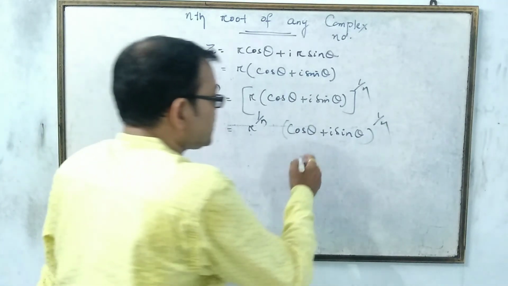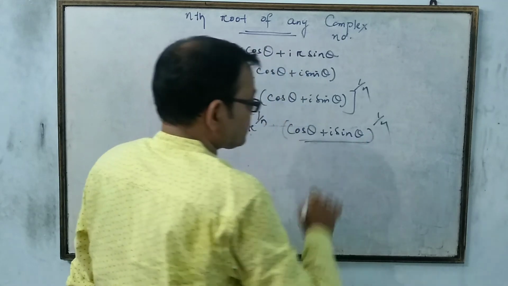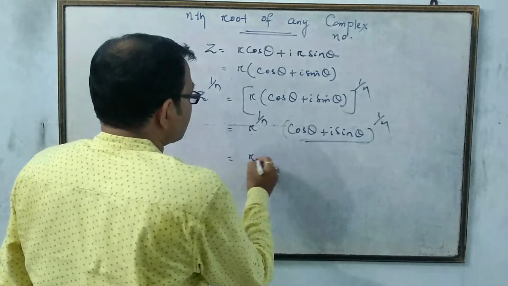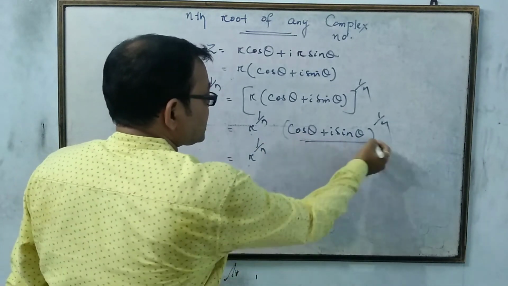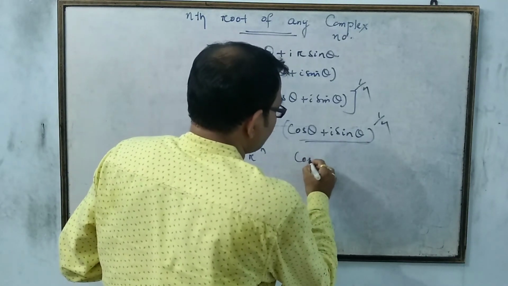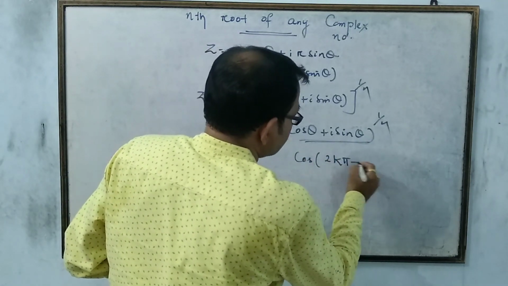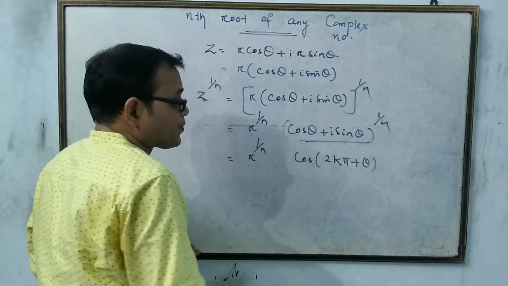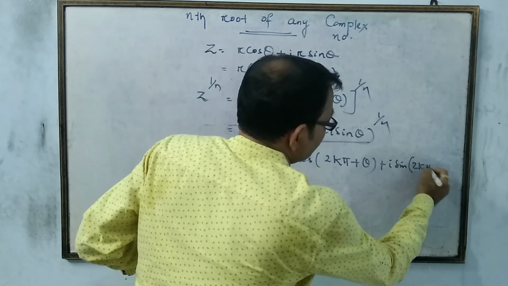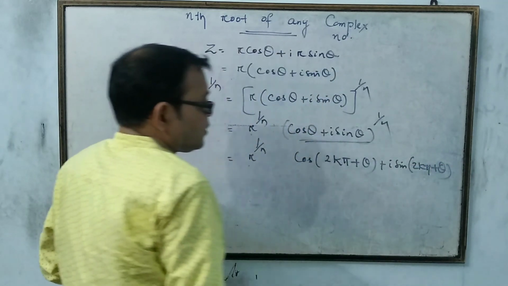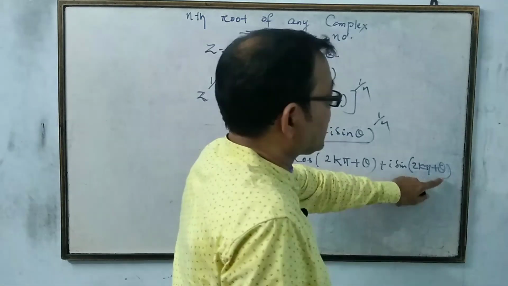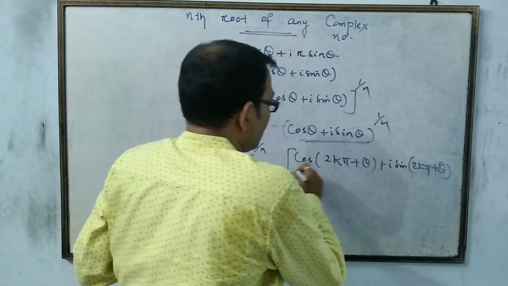But this cos theta plus i sin theta can be written with cos theta as cos of 2k pi plus theta and sin theta as sin of 2k pi plus theta. Very simple. So r to the power of 1 by n into cos of 2k pi plus theta plus i sin of 2k pi plus theta, the whole to the power of 1 by n.